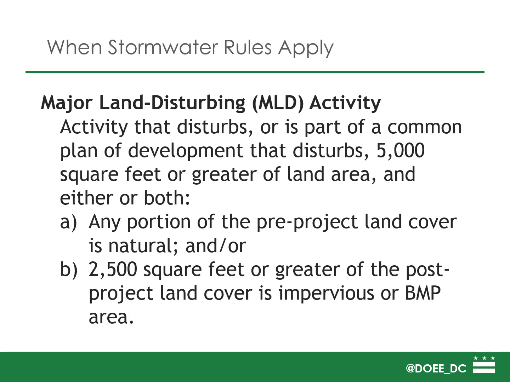Now, as I mentioned, the precipitation depth can be regulated to different levels. So there are different types of activities that can be proposed on a site. One of them is a major land disturbing activity, or MLD activity.